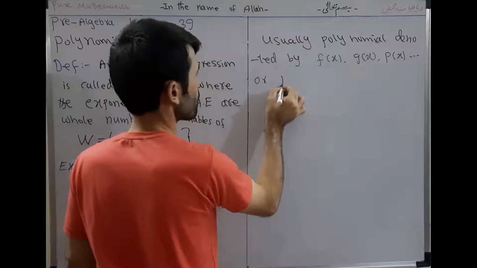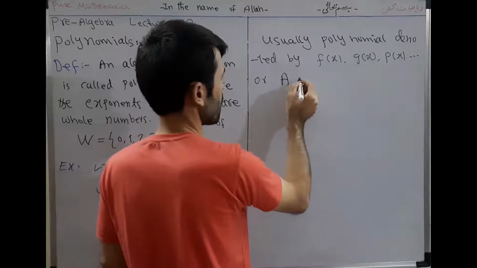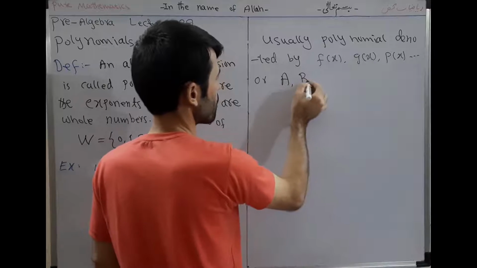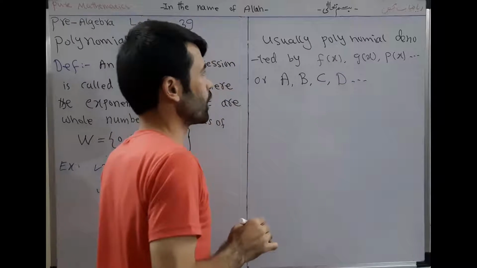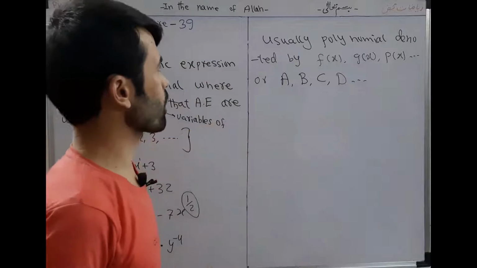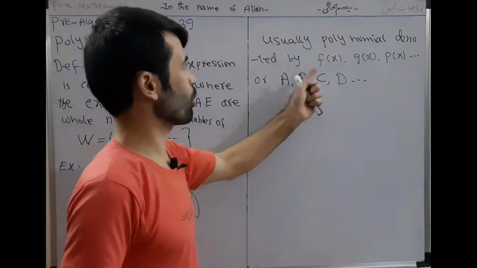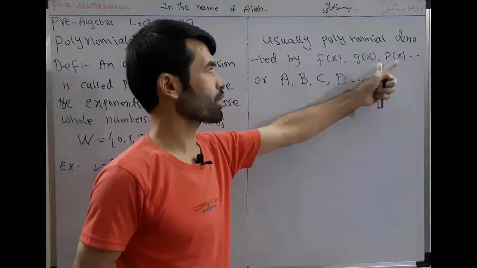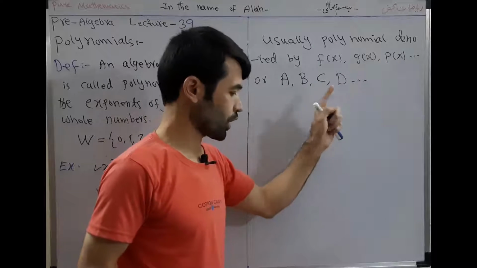Or we can show it by capital letters of the English alphabet, A, B, C, D, and so on. Usually we write a polynomial with the symbol f of x, g of x, p of x, or we can show it by A, B, C, D, and so on.